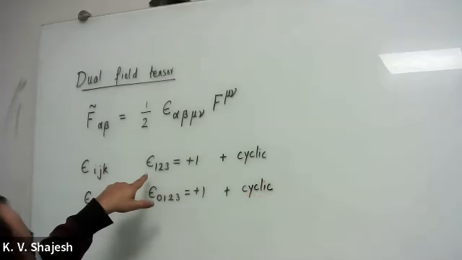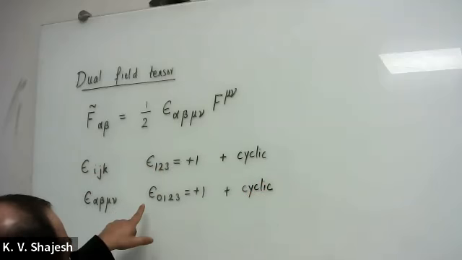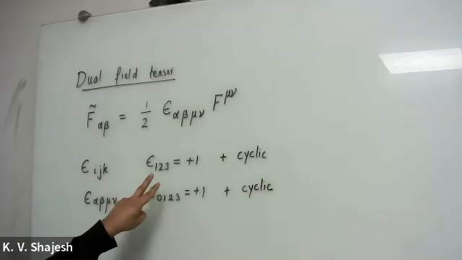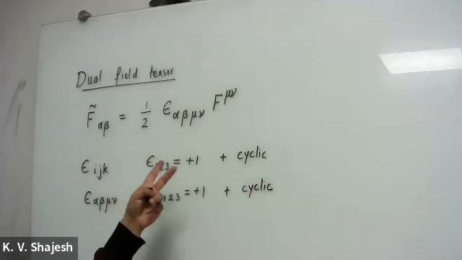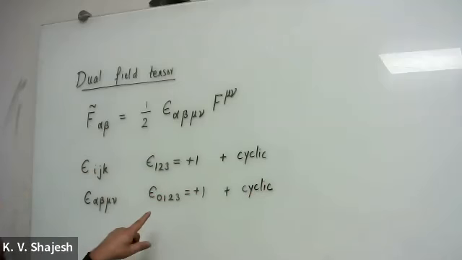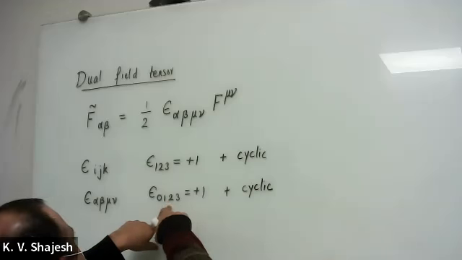And notice here it was always cyclic in the sense 1, 2, 3, 3 to 1, so all were positive. That need not be the case here, because just because 0, 1, 2, 3 is positive doesn't mean that 1, 2, 3 is.